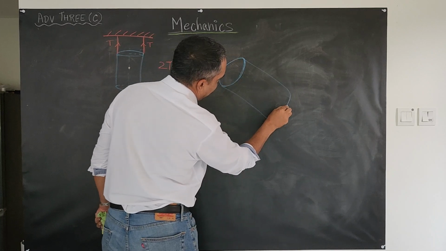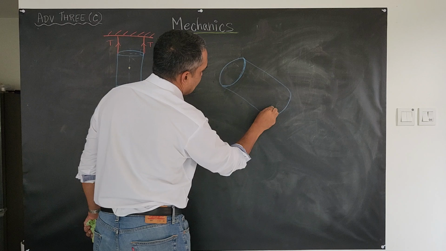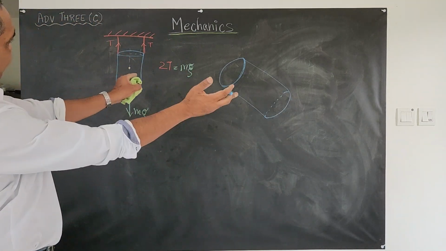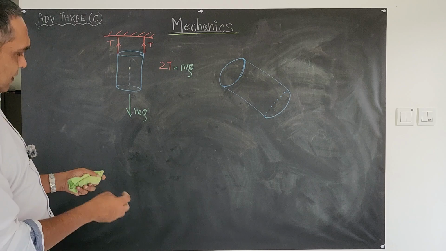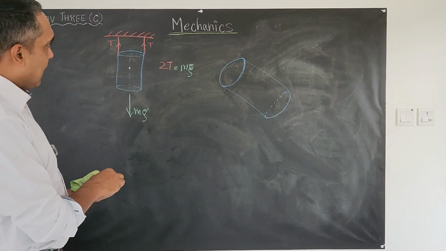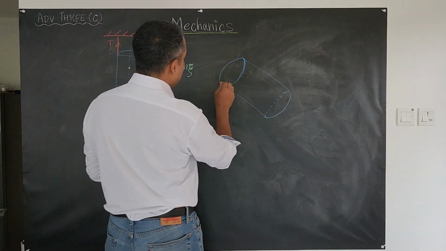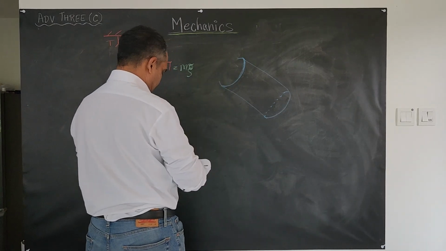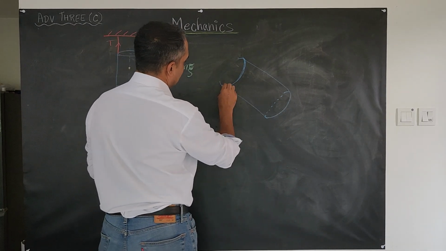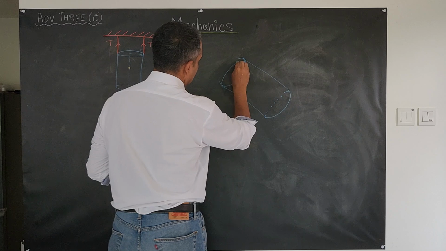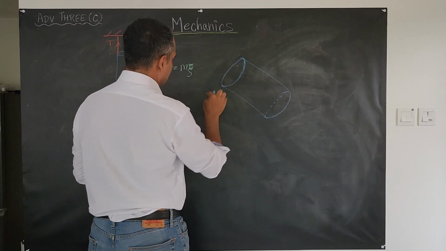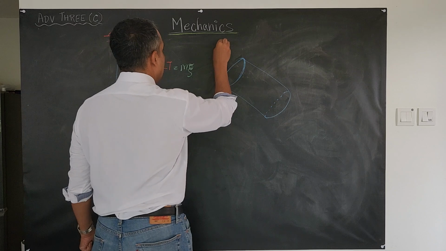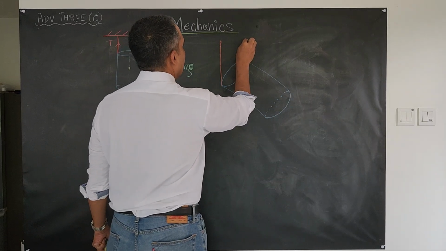Now I have tilted it by some angle and I'm still counting on a string here and a string here, hold it.